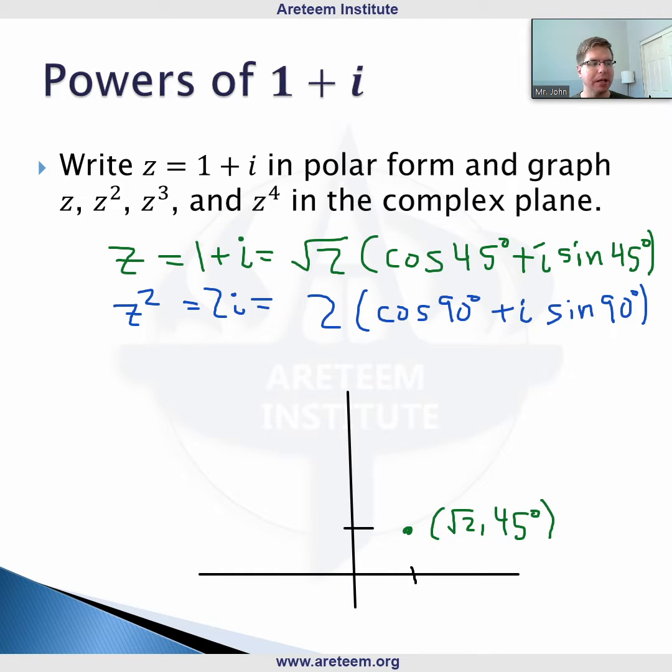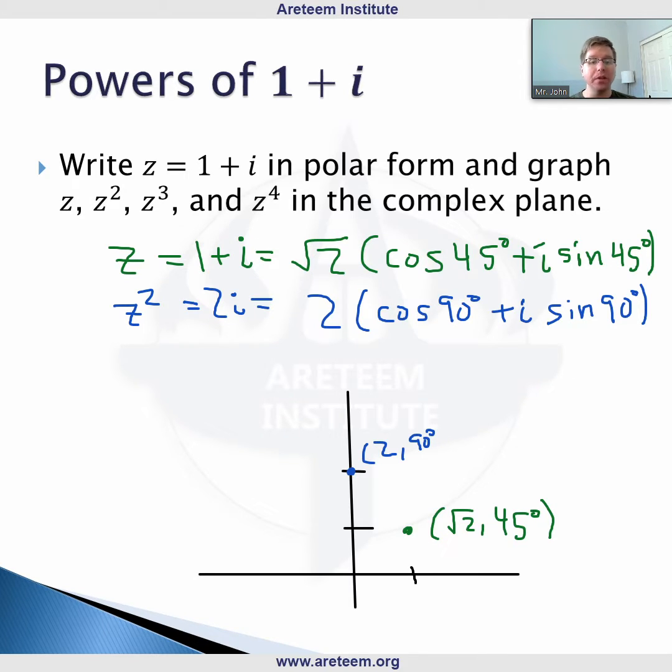But the real point I want to make here is that you can then look at this in terms of our xy plane as a pretty easy point to look at. You take our 45-degree angle, square root of 2. It gets rotated another 45 degrees and stretched out by a factor of square root of 2. So our second point here, our z squared, is going to be in polar form 2, 90 degrees.